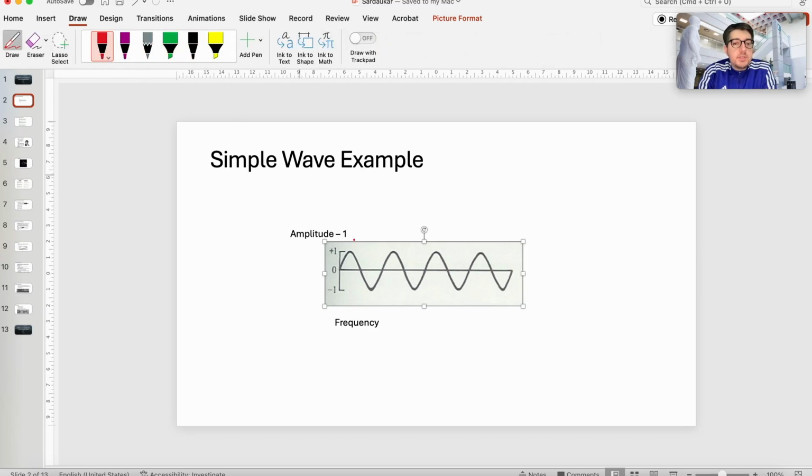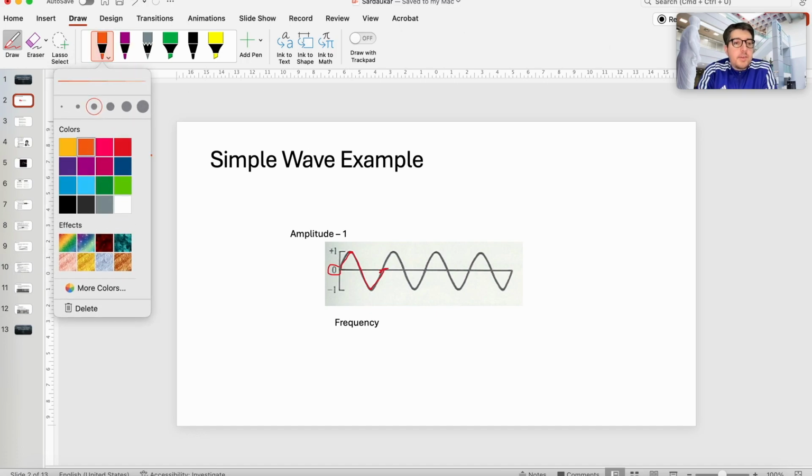Let's draw. This is 0. This is where the sound wave starts. It goes from 0 to the amplitude of 1, to maximum displacement, then it goes back again, then to the minimum displacement, or again maximum but on the other side, and it goes back. So this is 1 cycle.